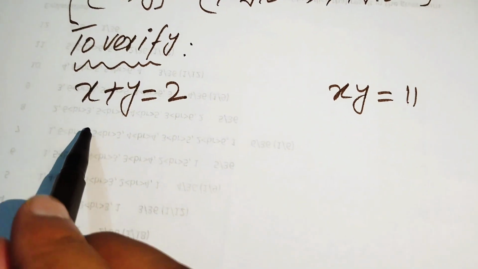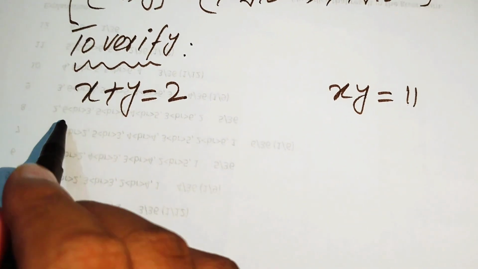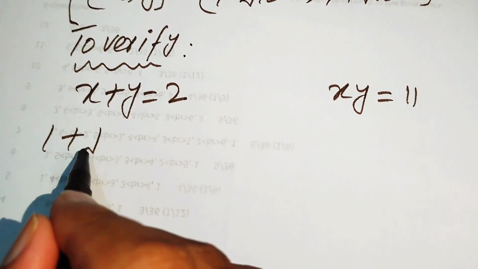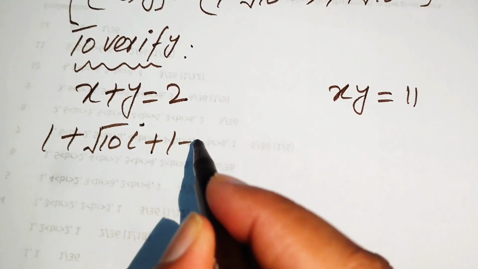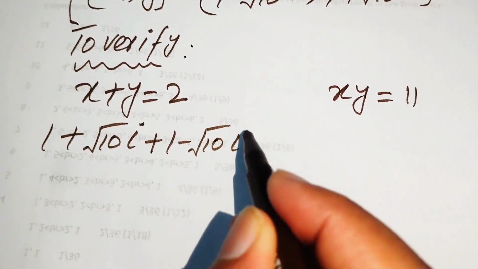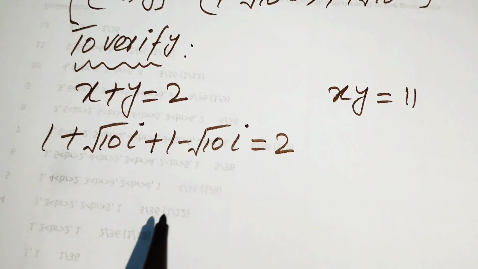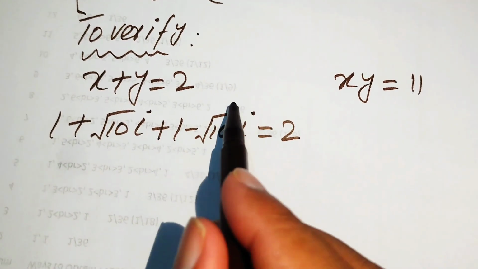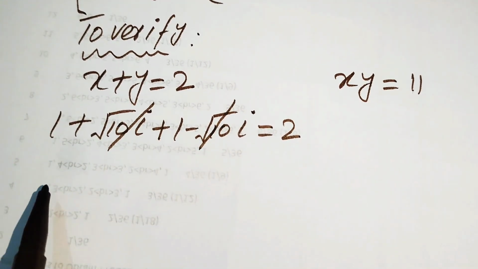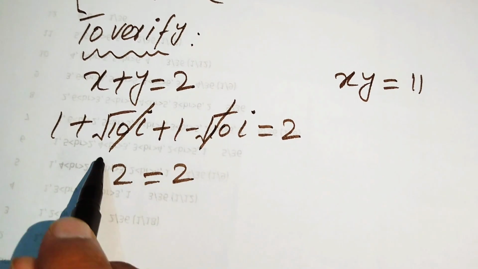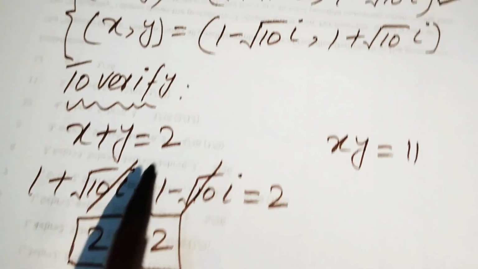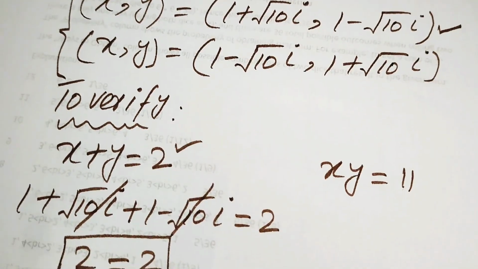Here first we put the value of x as 1 plus square root of 10 iota and the value of y as 1 minus square root of 10 iota, and this is equal to 2. So here you see that the negative and positive terms cancel each other and we get 1 plus 1 is 2 equals to 2. This shows that the first solution satisfies our first equation.